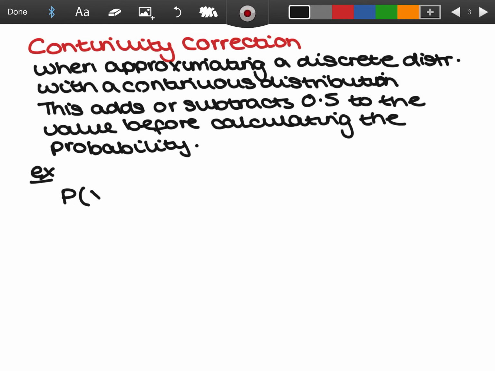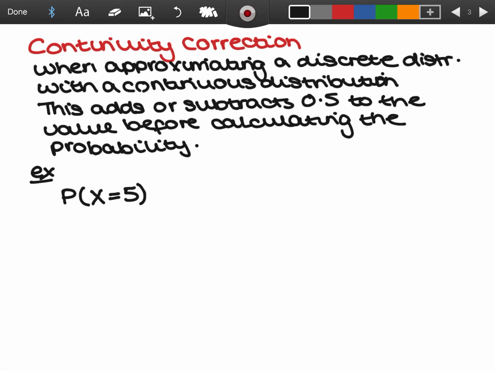Now, you have to do this before you plug anything into your calculator. They will give you a problem that is in the binomial distribution, so there will just be success and failure. They'll give you n trials and some probability of success, and they will say, what is the probability that I have exactly 5 successes, but I want you to approximate this using the normal distribution.